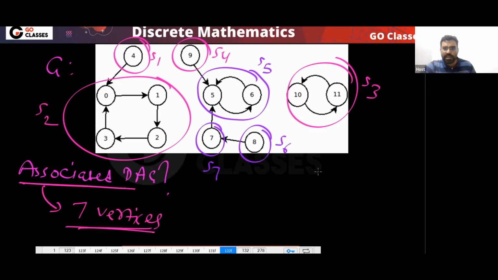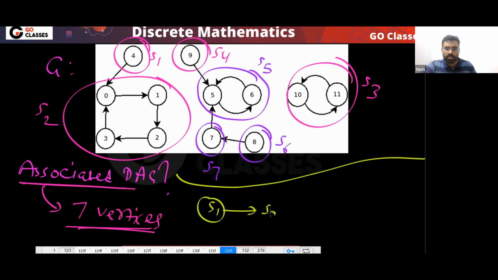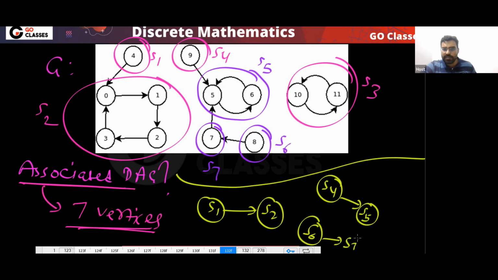So the answer for the associated DAG will be like this. From S1 to S2 there is an edge. From S4 to S5 there is an edge. From S6 to S7 there is an edge, and from S7 to S5 there is an edge.